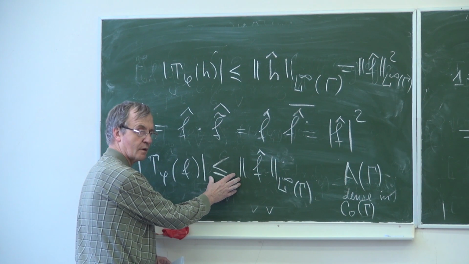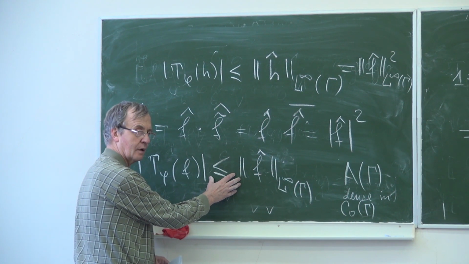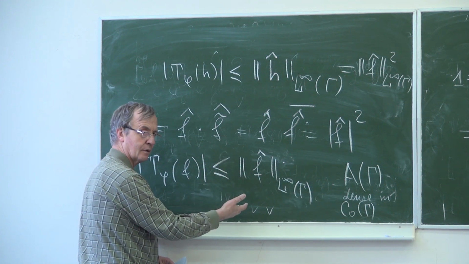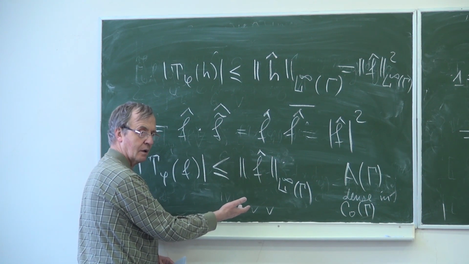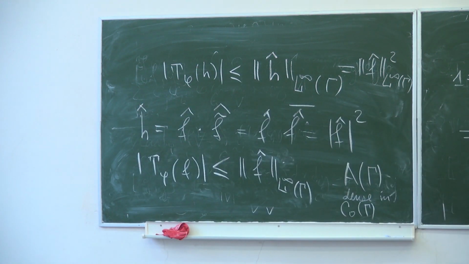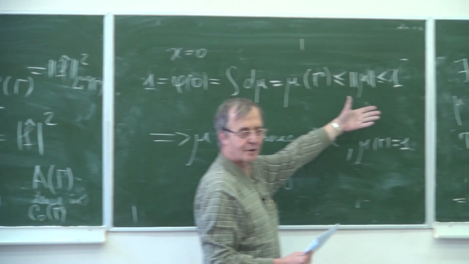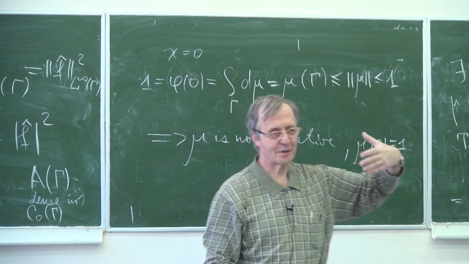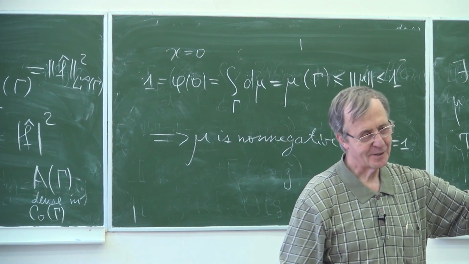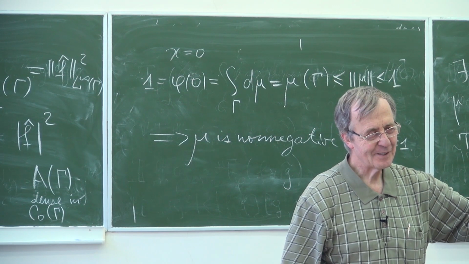So the norm of the representing measure is at most 1, and the norm of the representing measure is its total variation. So it is 1 on gamma, but its total variation is also 1. So how can it be negative somewhere, or complex valued?